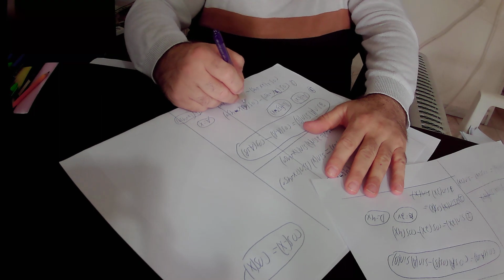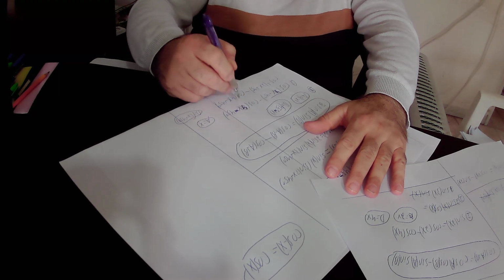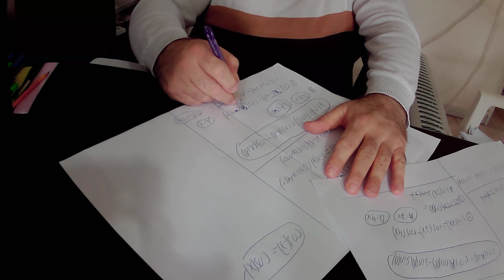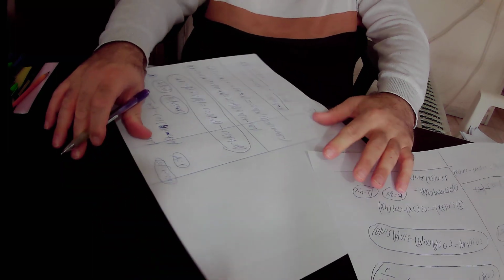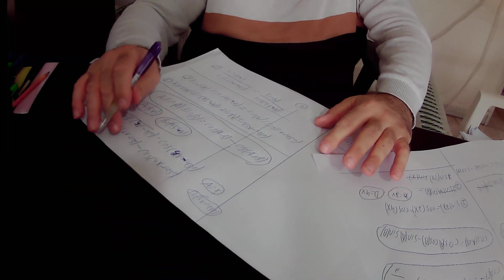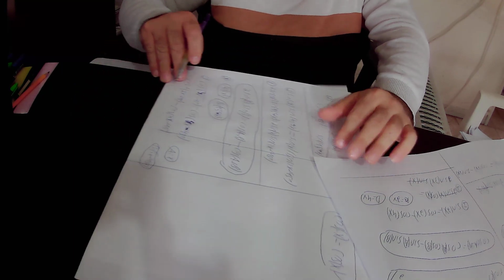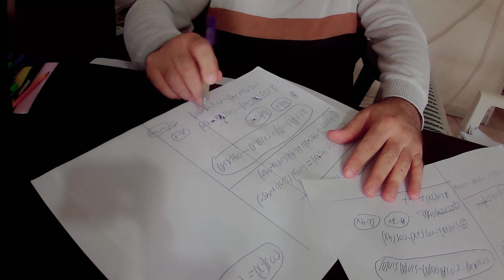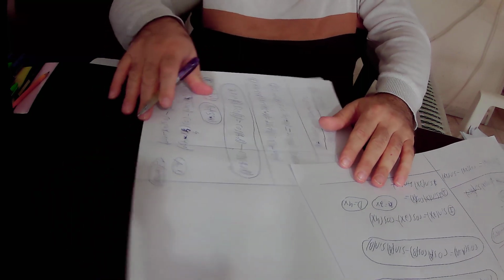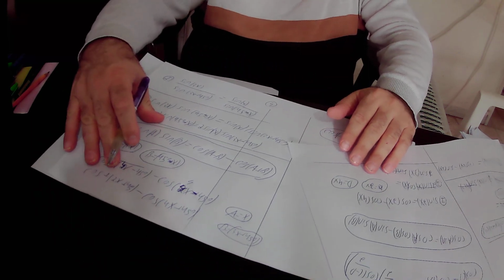I correct it to cosine 4x. So we have cosine 4x minus cosine 4x plus 45 degrees. So we added cosine 4x minus 45 degrees.